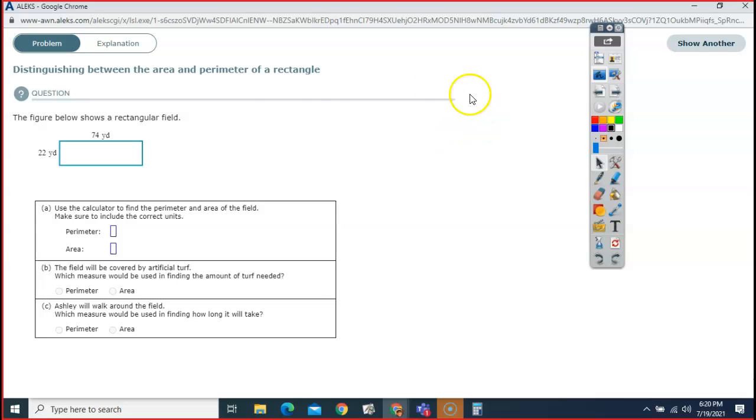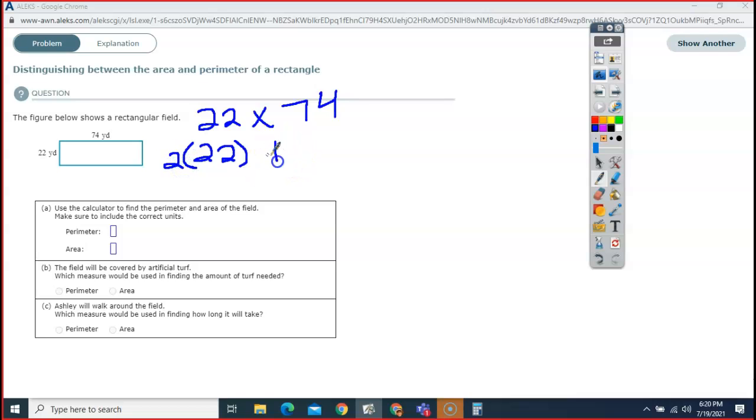For area, we're going to do 22 times 74. And then for perimeter, we're going to do 2 times 22 plus 2 times 74.